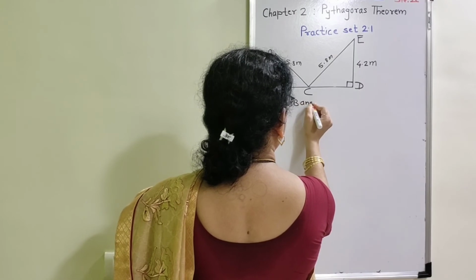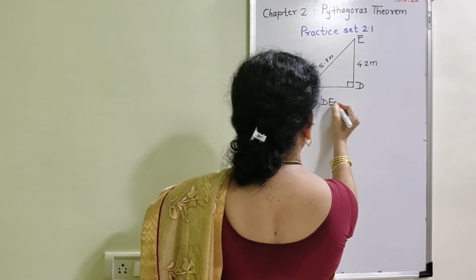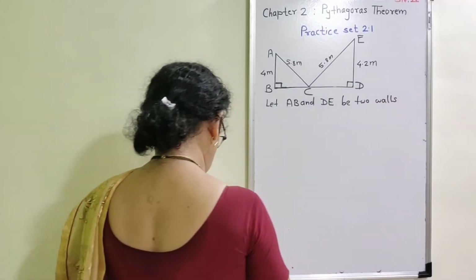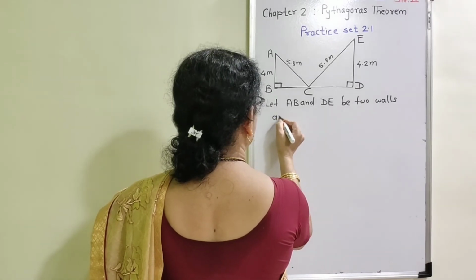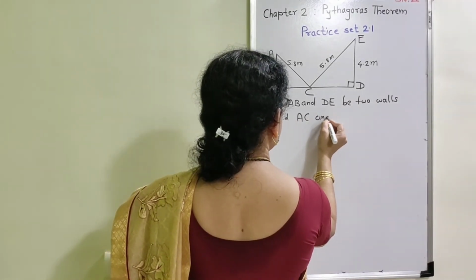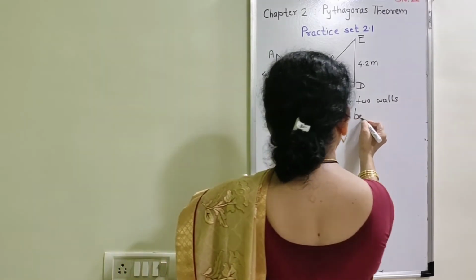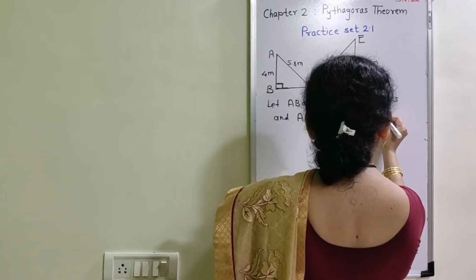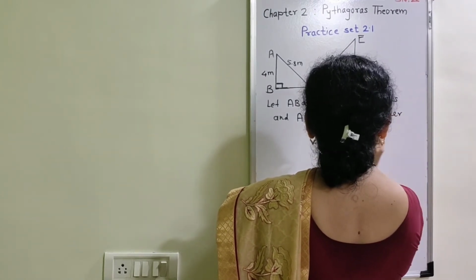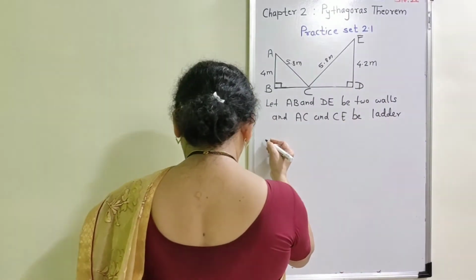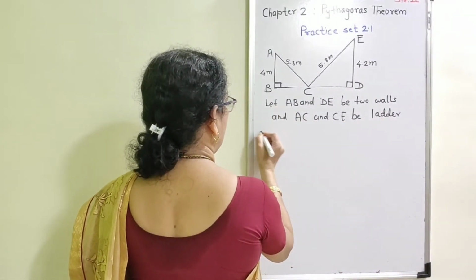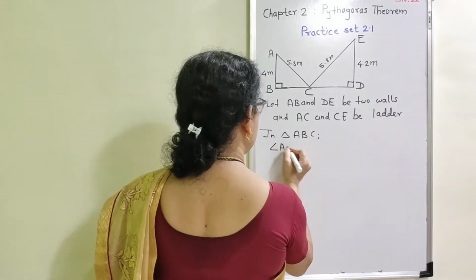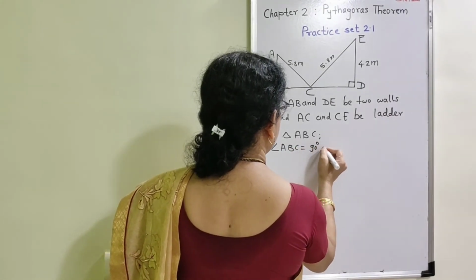Now here, write in short that let AB and DE be two walls, and AC and CE be the ladder. Now in triangle ABC, angle ABC is equal to 90 degree.